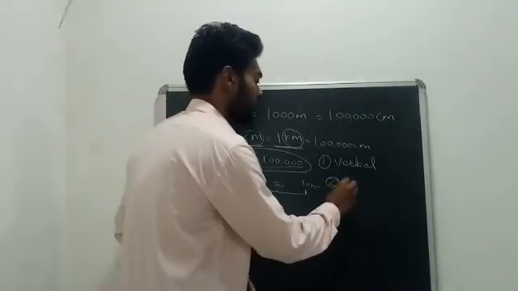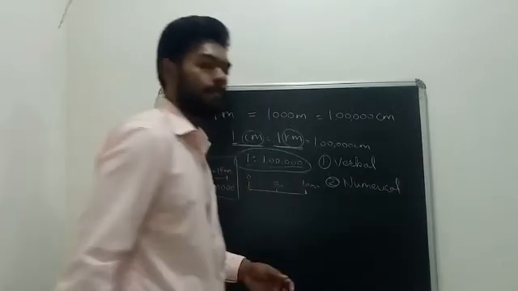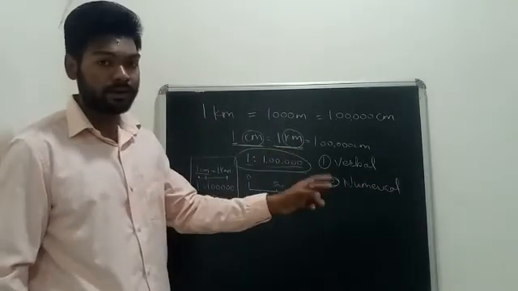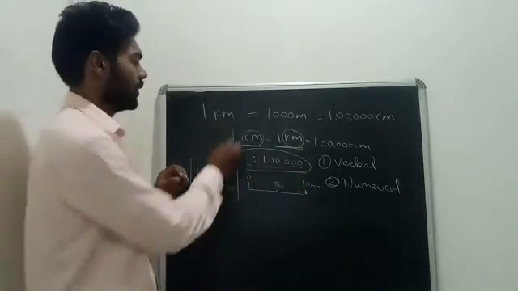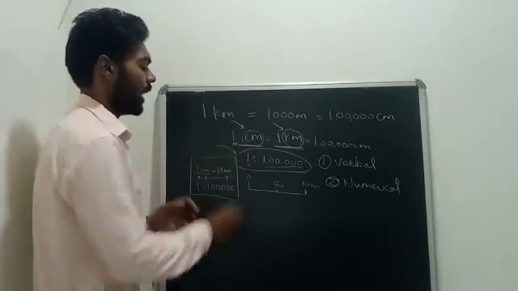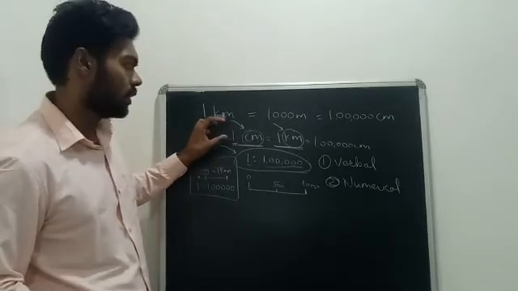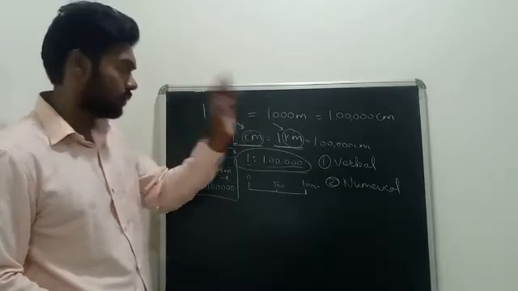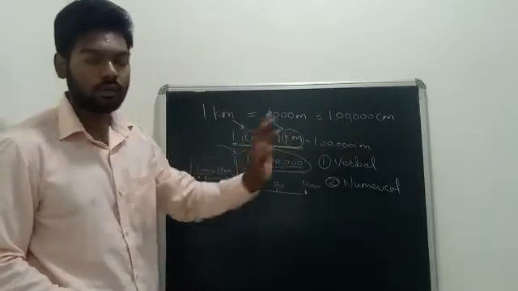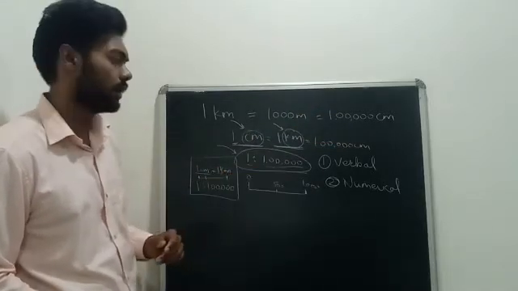So it is called the numerical scale. Verbal scale, then second one, numerical. What is the difference? In verbal I am writing units, but in numerical I am not showing any unit. But the meaning is the same: 1 on the map is equal to 1 lakh centimeters in the original.